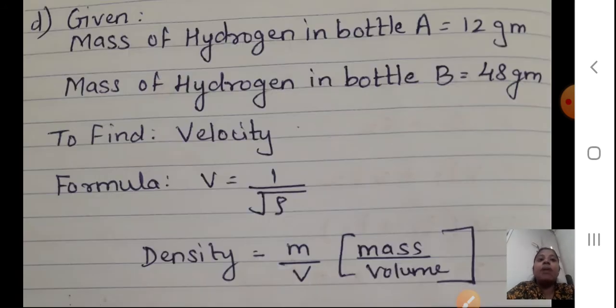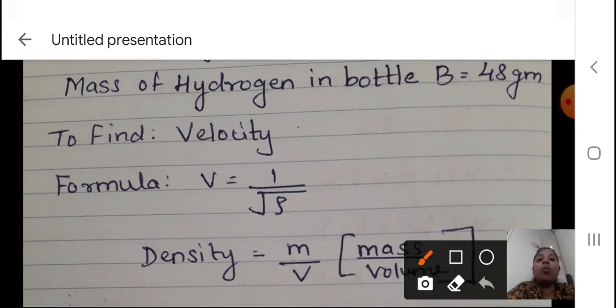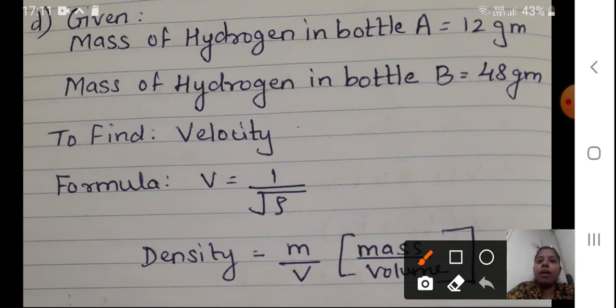Given part: mass of the hydrogen in bottle A is 12 grams, then mass of the hydrogen in bottle B is 48 grams. We have written the given part. To find, we have to find the velocity, the speed of the sound. Now the formulas which we are going to use, students: V is equal to 1 upon root rho first, and then density is equal to mass upon volume.